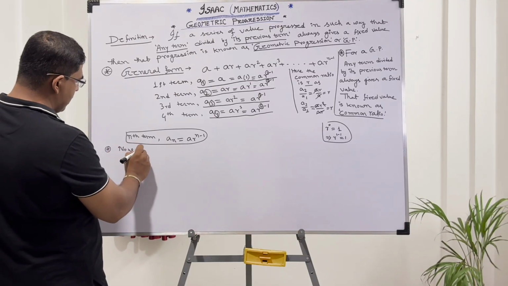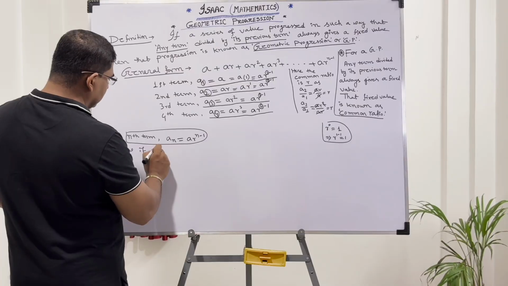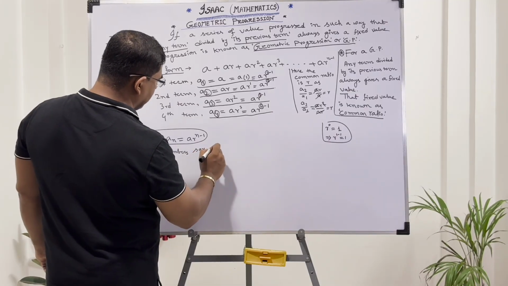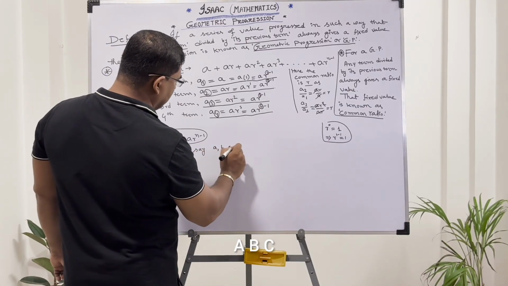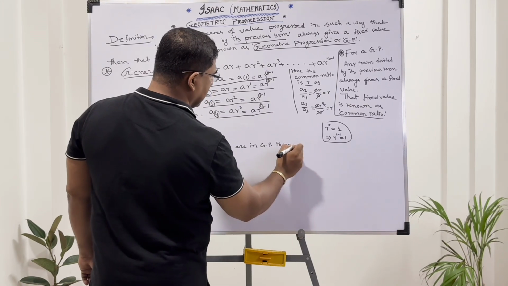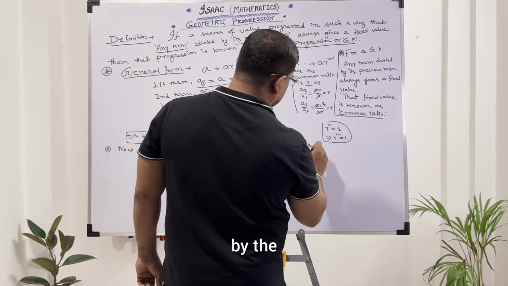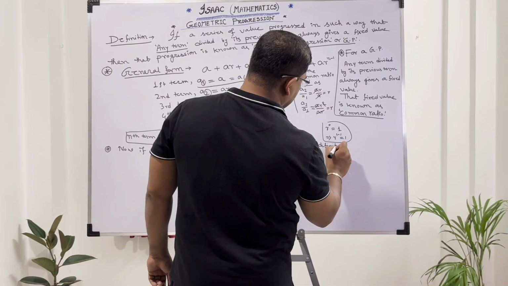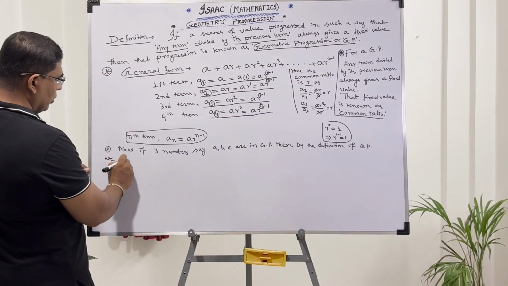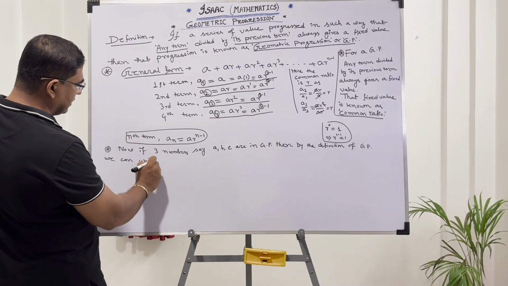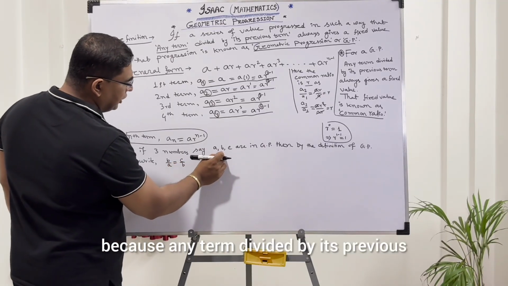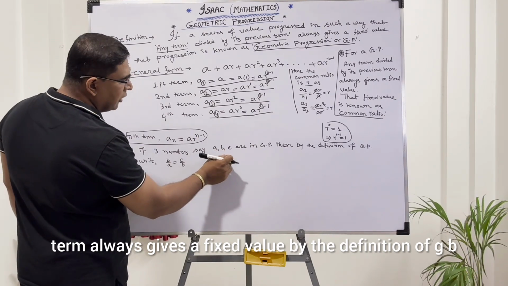Now, if three numbers, say A, B, C, are in GP, then by the definition of GP, we can write B by A equals C by B, because any term divided by its previous term always gives a fixed value by the definition of GP.